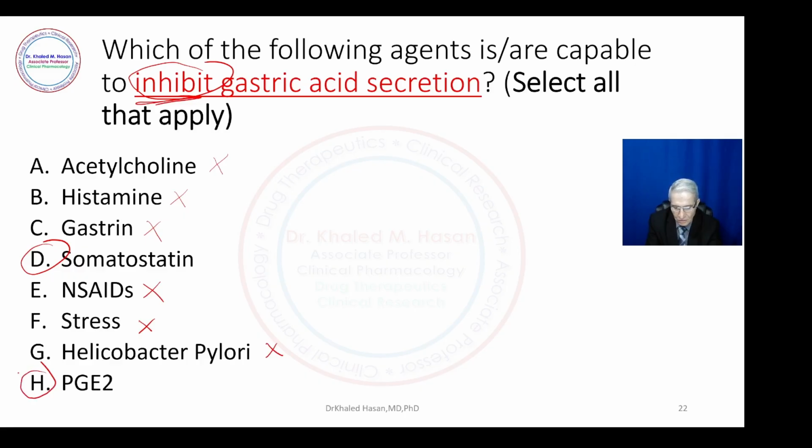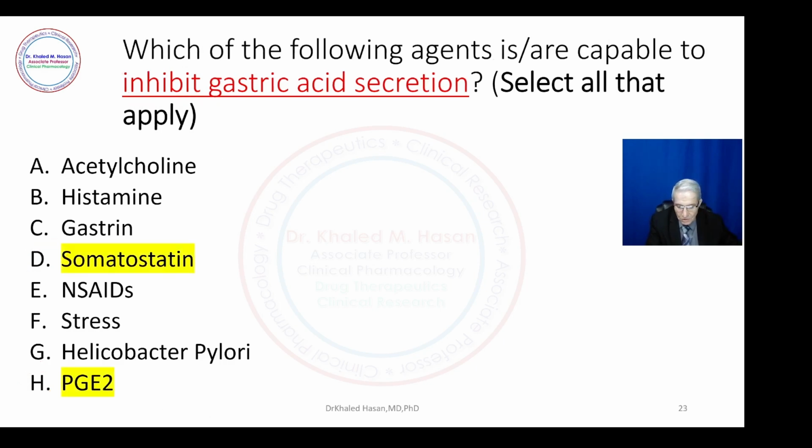Correct. So anything that inhibits gastric acid in this list: somatostatin and prostaglandin inhibit it. Acetylcholine, histamine, gastrin, and NSAID do not. So the correct answer is somatostatin and prostaglandin.